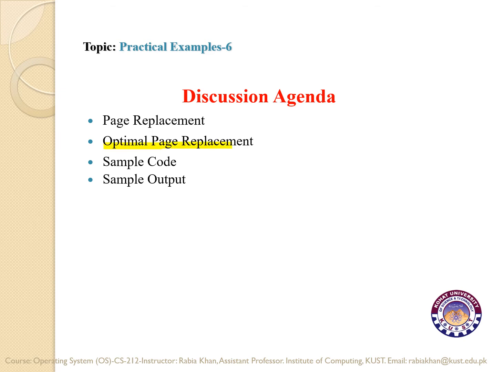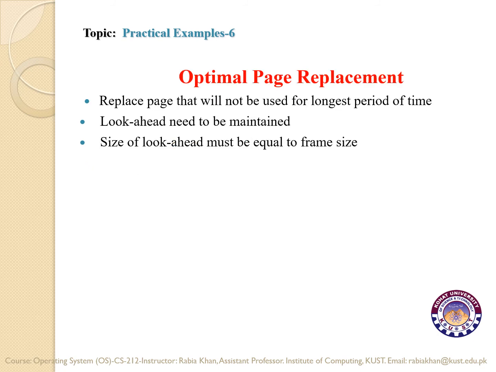Next, we are going to discuss what is the optimal page replacement strategy. We have already discussed it in chapter 8, so here we are going to revise or recapitulate it. Optimal page replacement is the best possible, or second most appropriate, solution for page replacement.